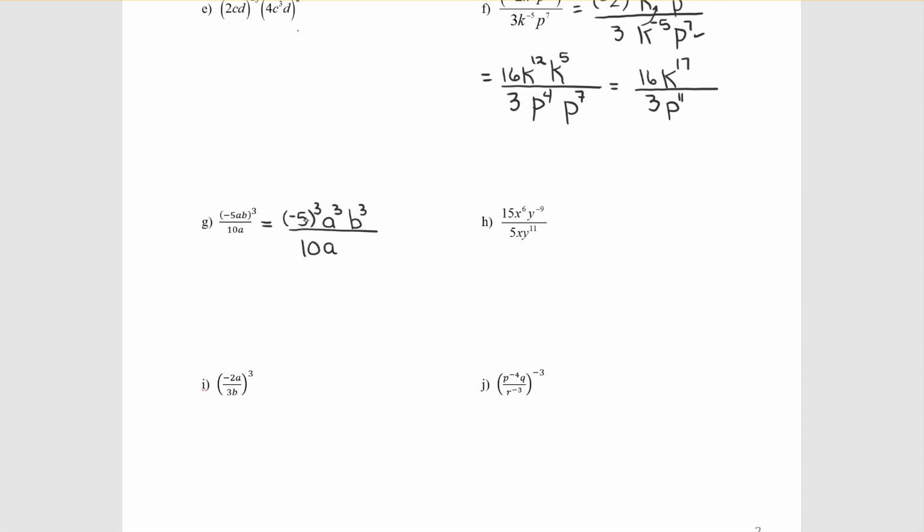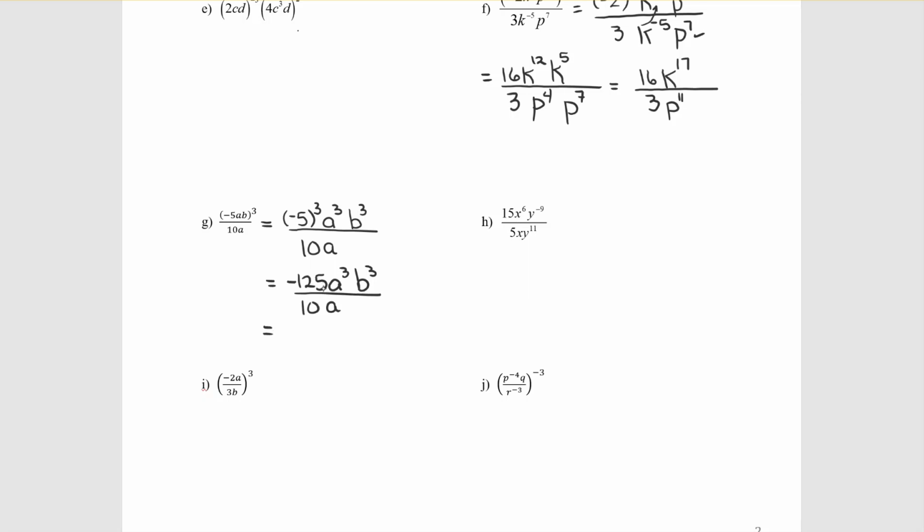Simplifying here, -5 times -5 times -5 again is going to be a -125. Now you can use your calculator, but again, make sure you're putting parentheses around. We have a to the 3rd, b to the 3rd, and 10 over a.